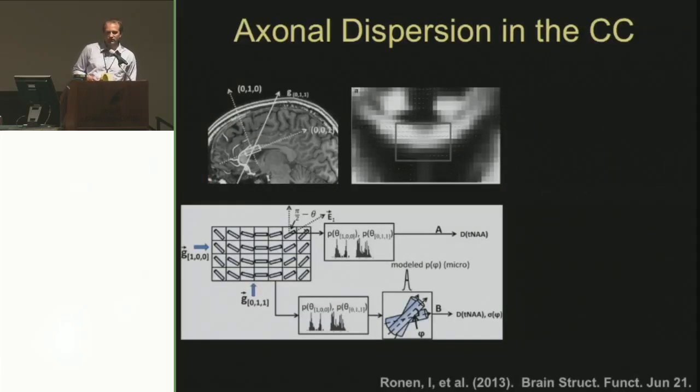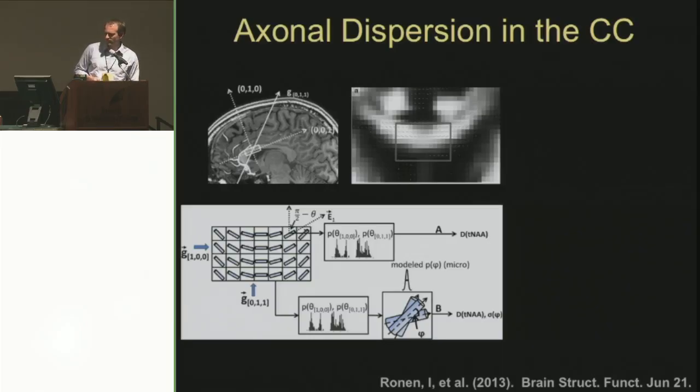So those are nice pictures, and that's all well and good. How do we use this to really validate some of our measurements? Here's a study in collaboration with Idemar Ronen. He was measuring NAA, a neuronal-specific metabolite, in the corpus callosum in vivo in humans, using diffusion-weighted measurements. In this region we have macroscopic curvature as well as microscopic curvature or dispersion.